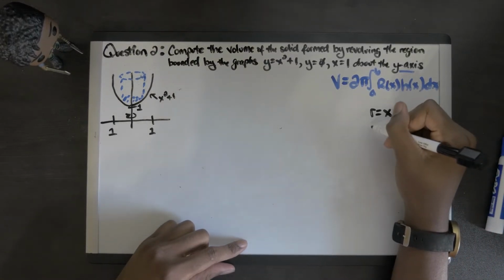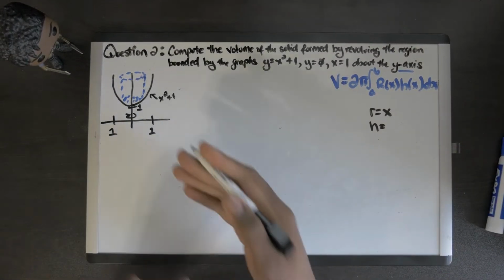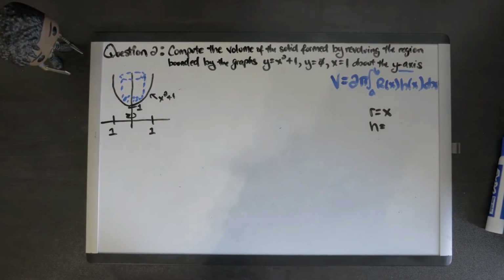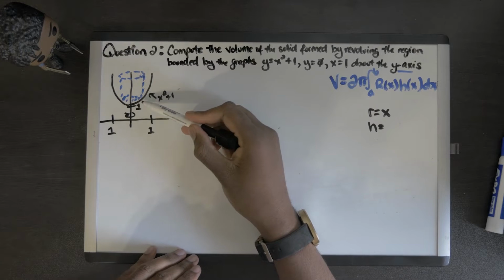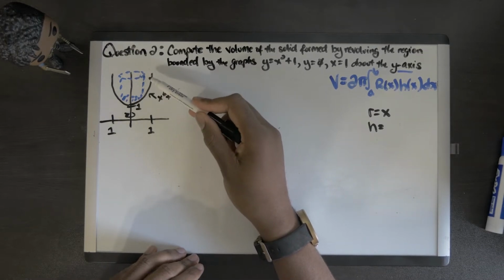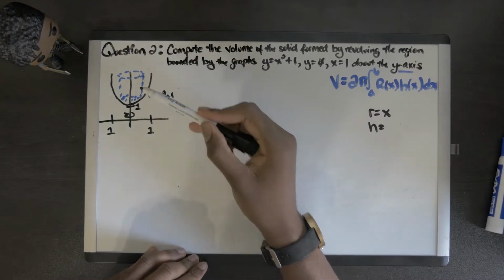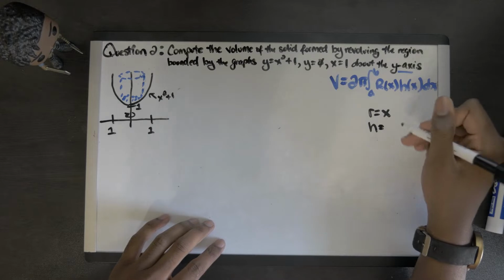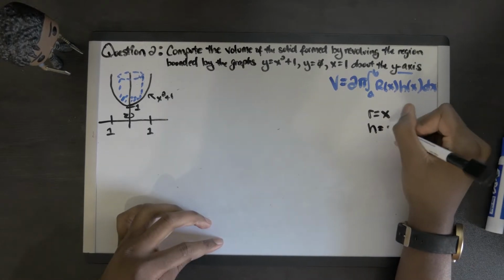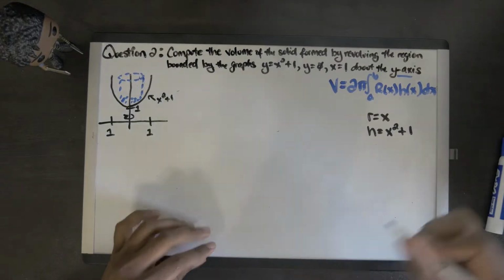Now, what about the H value? Well, the H value is actually going to represent the function that we have, because if you notice, the function wraps over that cylinder that we create, giving us the height that we're looking for. So we're going to assign the value of H to the function x squared plus 1.